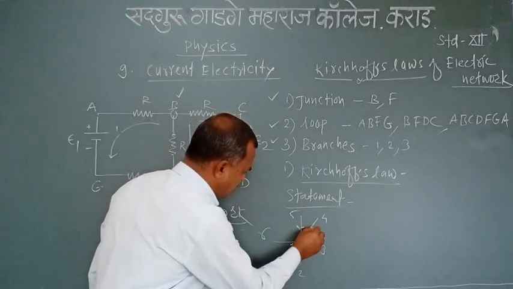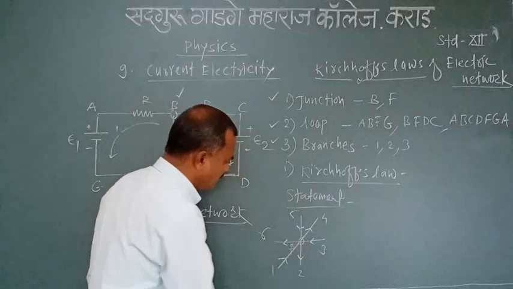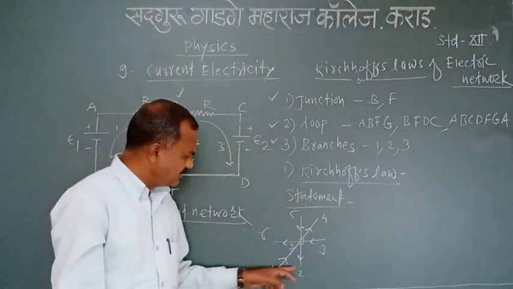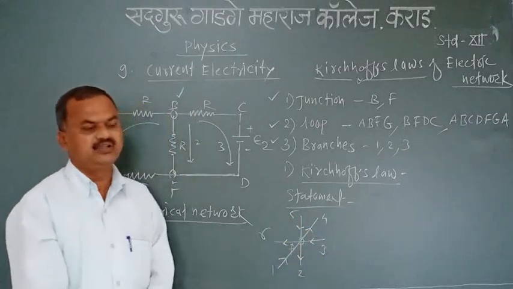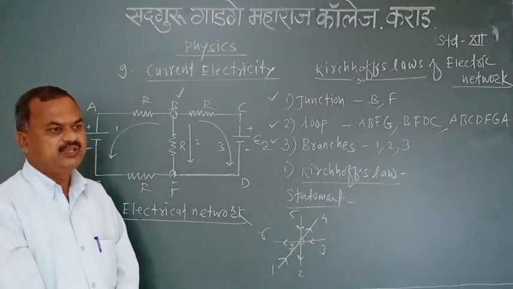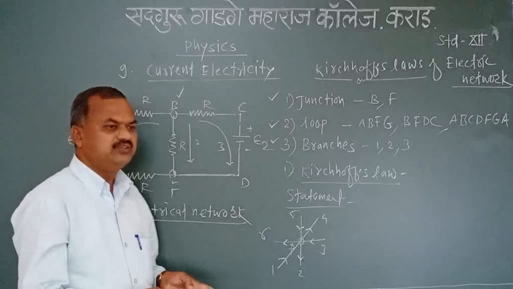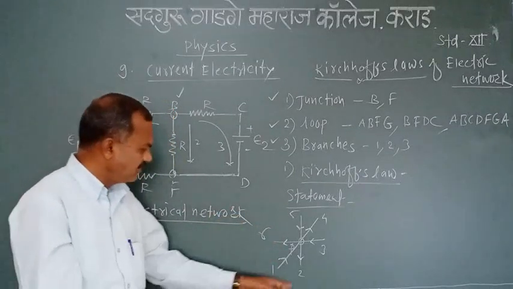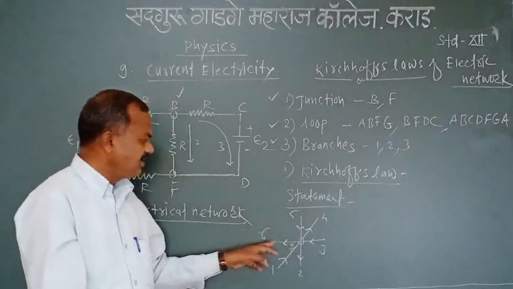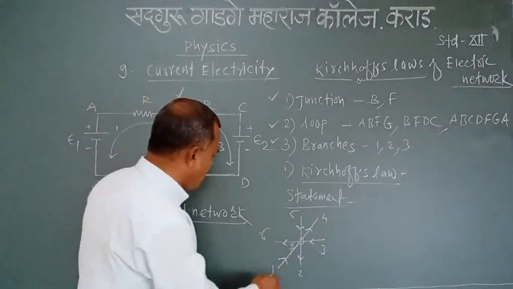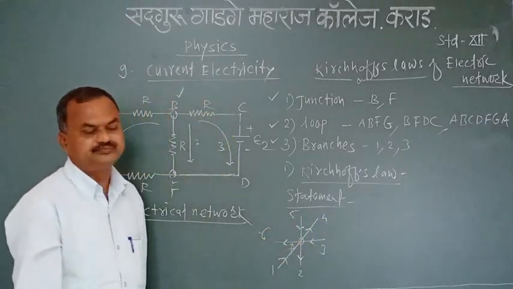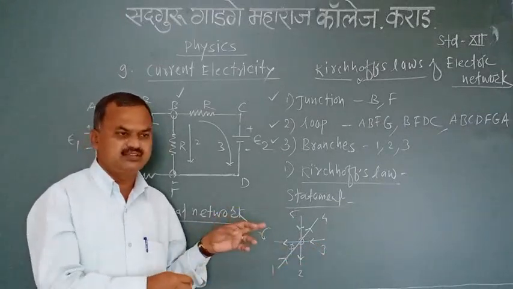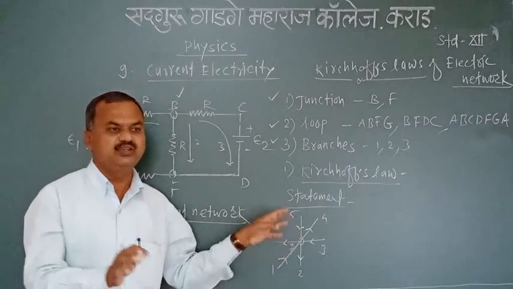The arrow indicates the direction of current flowing through that conductor. In conductors first, third and fifth, current flows towards the junction, while in conductors 2, 4, 6, current flows away from the junction. That means some currents flow towards the junction while some currents flow away from the junction.